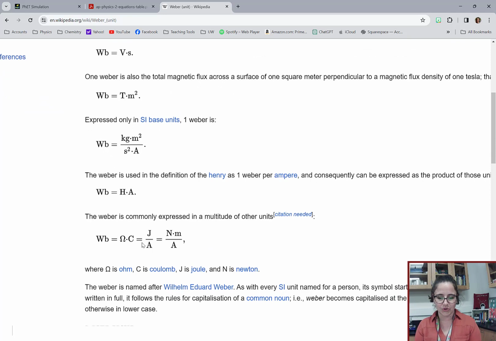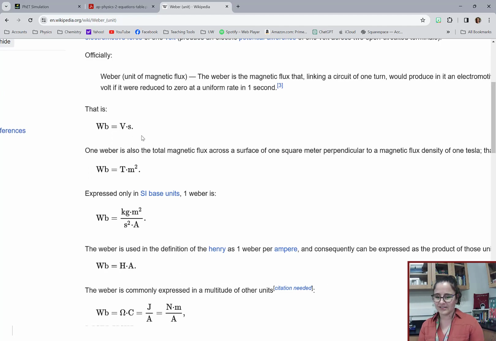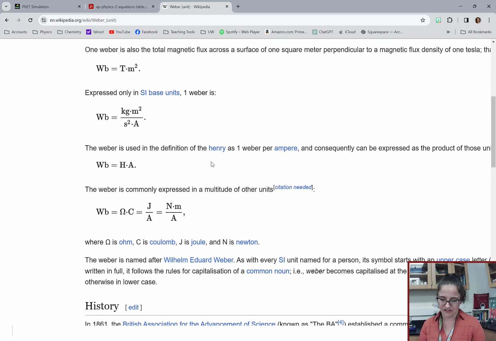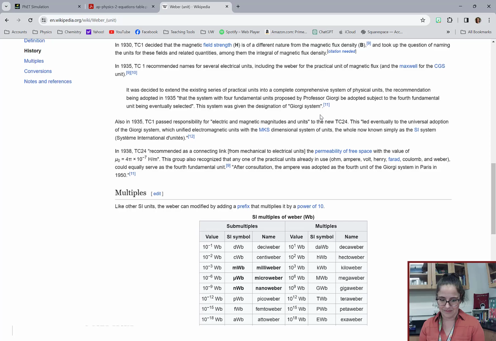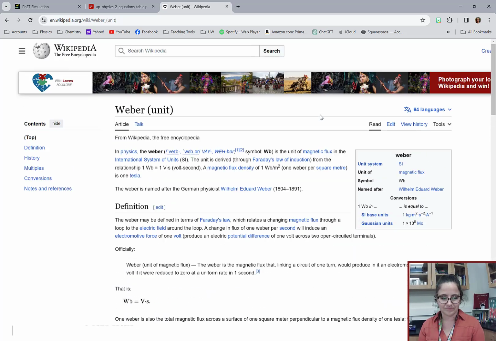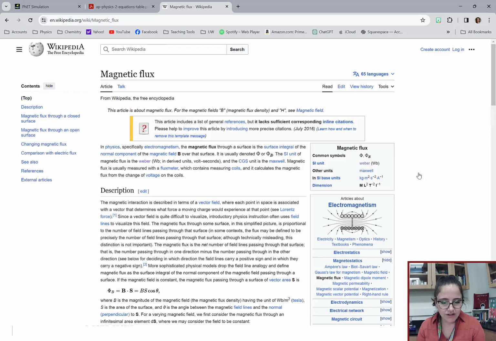We got it in joules, coulombs, kilograms, meters, and in volts times seconds. There's a lot of different units for the Weber.